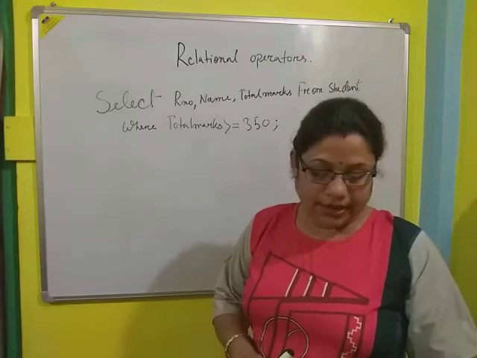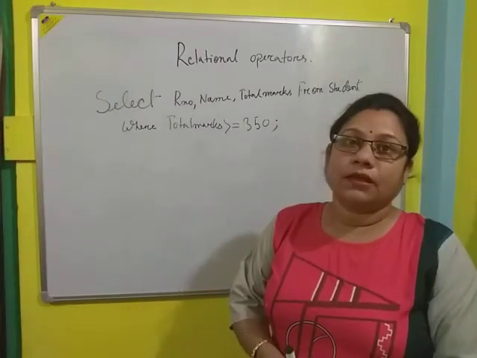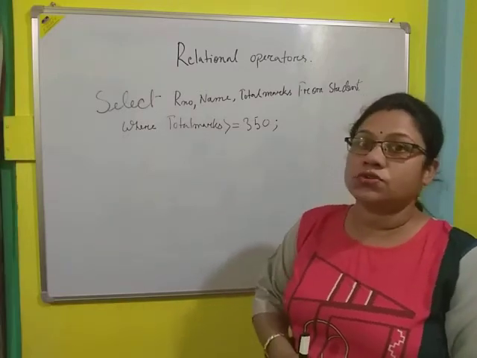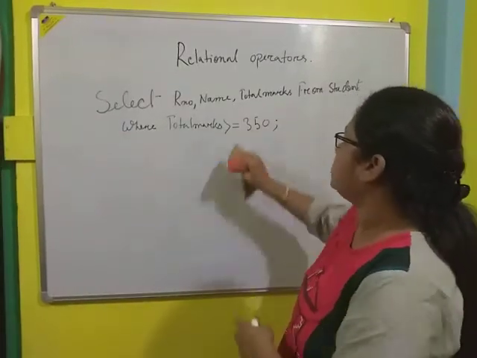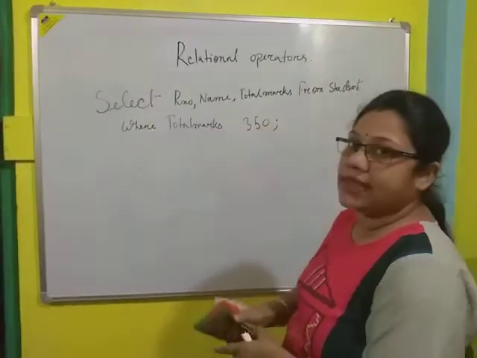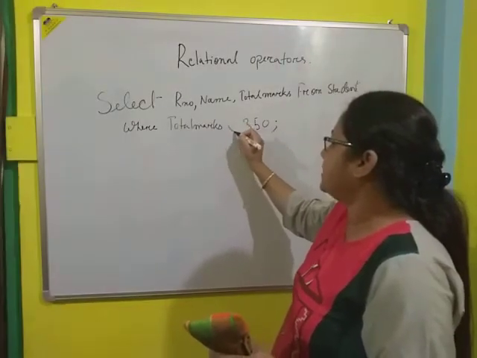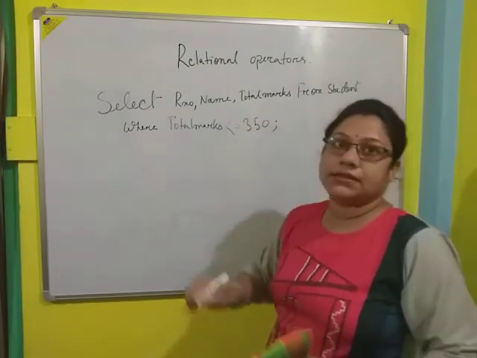Now, if you want to display the names of the students whose total marks is less than equal to 350, you just change the relational operator here. Instead of greater than, you use the less than equal symbol.